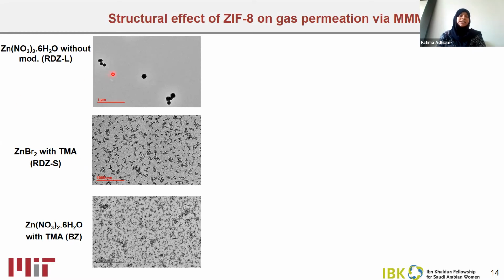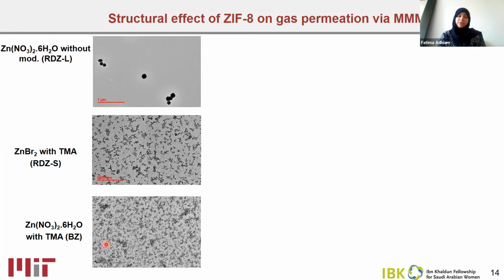The first is ZIF-8 with rhombic dodecahedral shape and larger particle size, constructed from zinc nitrate hexahydrate without the addition of any modulator. I also chose rhombic dodecahedral with the smaller particle size, constructed from zinc bromide with triethylamine. The branch material that I chose is constructed from zinc nitrate hexahydrate with triethylamine.